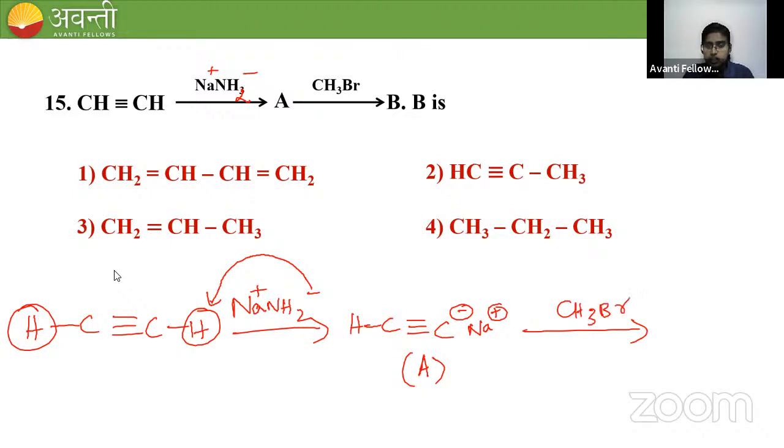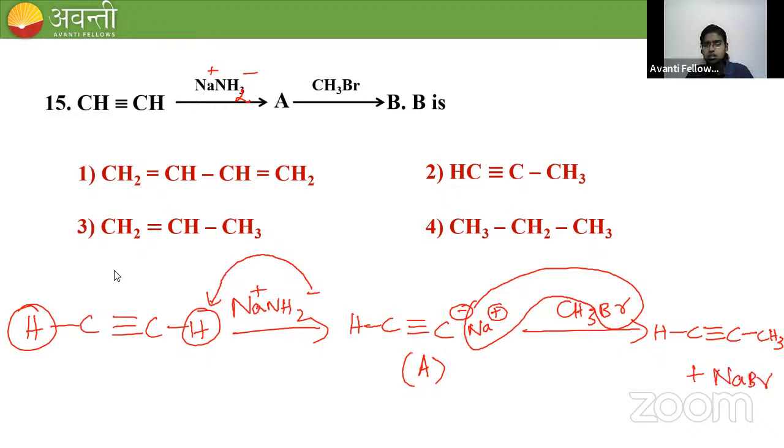What happens? NaBr will go out and there is a formation of a carbon-carbon bond. H C triple bond C, and now it is forming the bond with the alkyl group present in CH3Br, plus NaBr is going. Now this is your compound B.